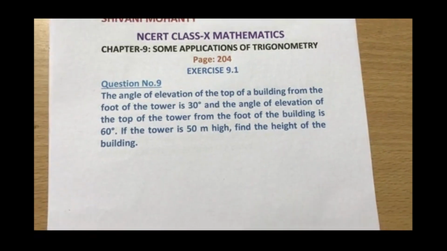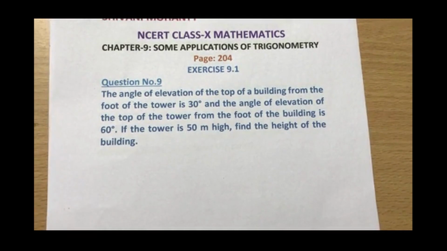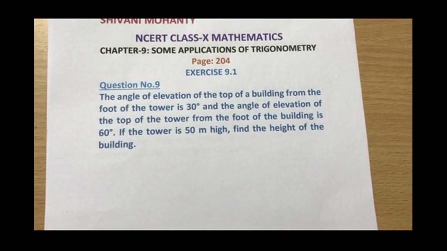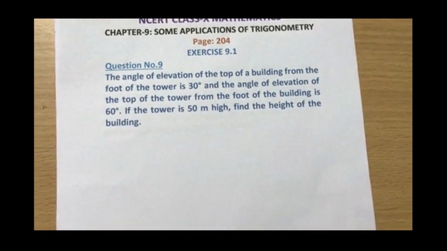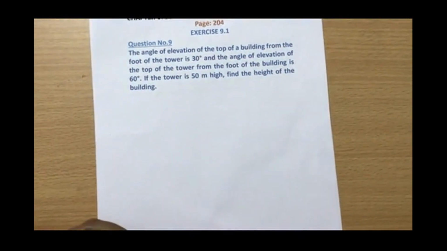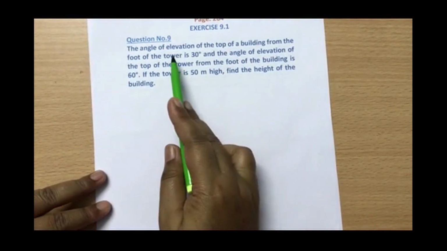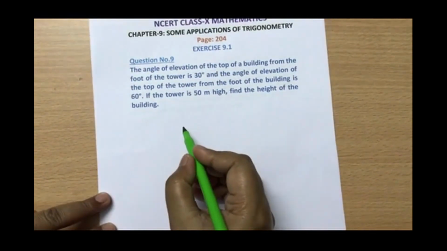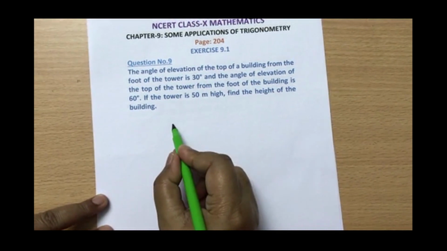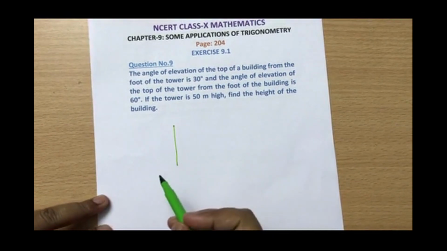So now again let me use the color pens and try to draw the diagram so that it will be very easy for you to understand. Now it is given that we have a building, so let me draw the building here. And then it is telling that we have a tower.